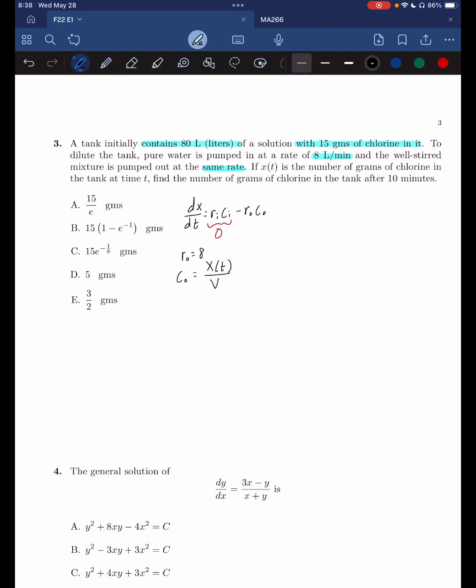So v we know is 80. So now our equation looks something like this. Because remember, there's a negative, and our minus r out times concentration out is 8x over 80. We're going to simplify that down to this.